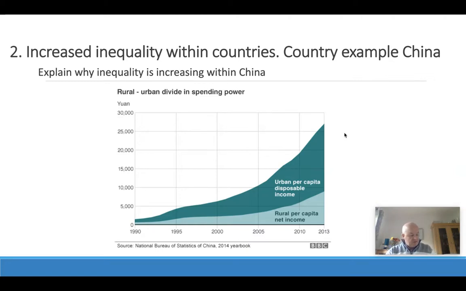As I said, on page 11 there's some text which hopefully will help you to consider exactly what's going on there. This rural population is a significant number of people within China that are still living in relatively deprived conditions.